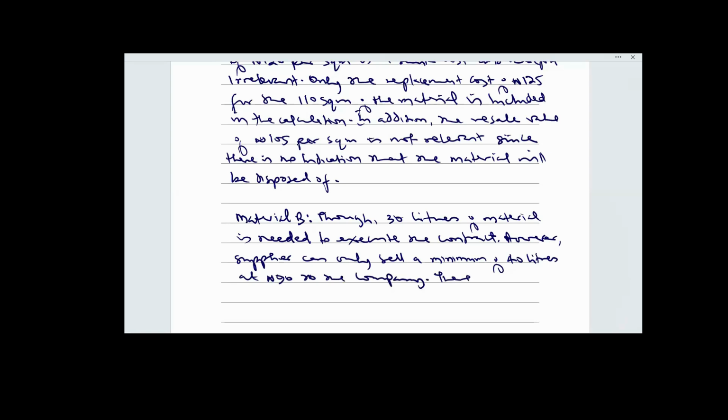Therefore, the total cost of 3,600 naira will be included in the contract.